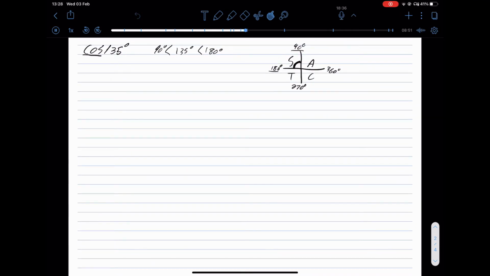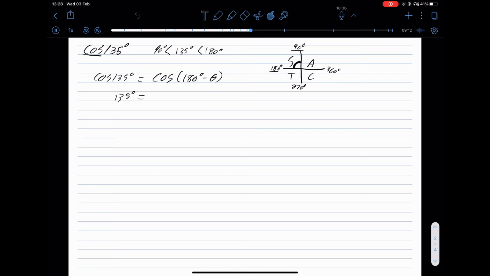So we will write cos 135 degrees is equal to our reduction for that quadrant, which, as you'll remember, is going to be 180 minus theta. We can again solve.